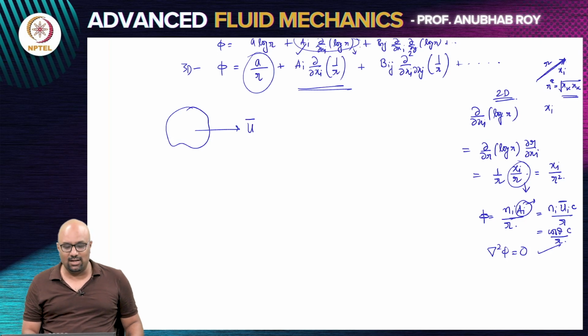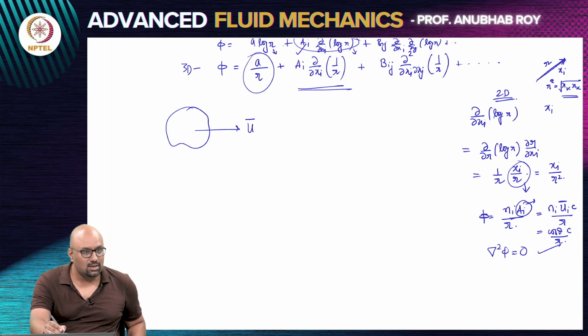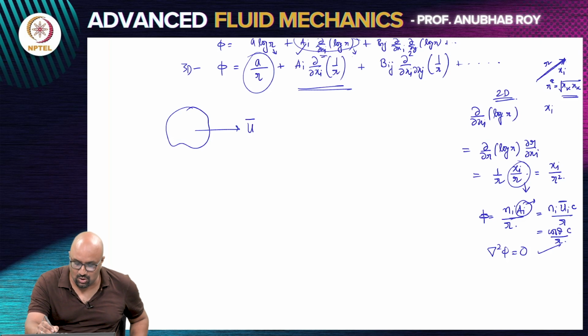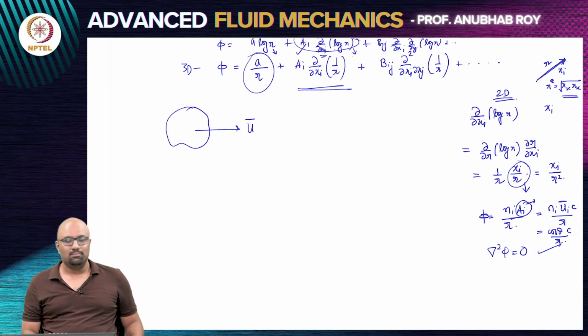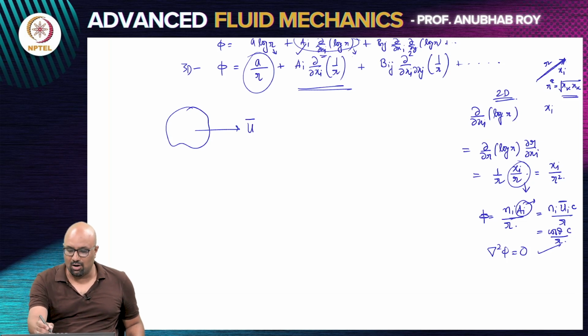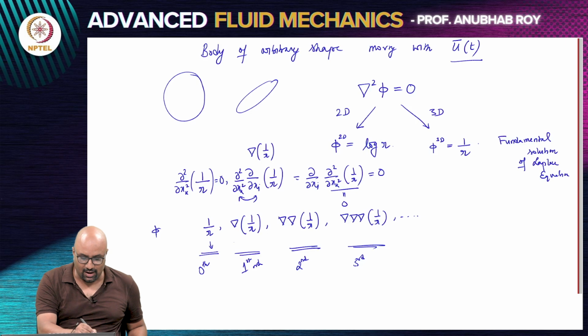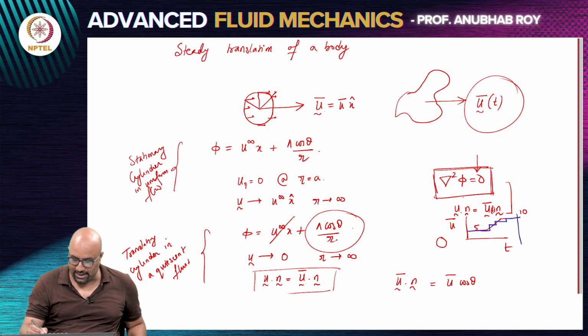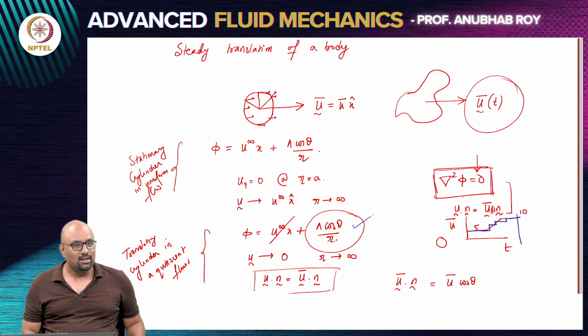It is not obvious initially that that is basically a potential doublet, but now you can see that if this is a source, this is a potential dipole, because when you are taking a gradient of the source, you are going to get the potential dipole. So, in this particular form, it was not obvious that the dipole that we have been writing so far as lambda cos theta by R. This can be argued purely from a tensorial point of view.